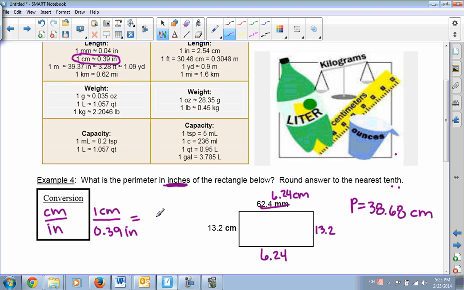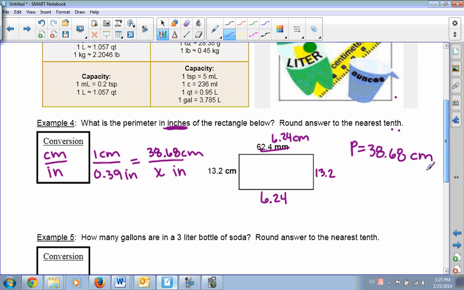And then we're going to use our perimeter, which is 38.68 centimeters, and convert that into inches. So really all you're doing here is multiplying 38.68 times 0.39, and notice it also asks you at the end to round to the nearest tenth, which is 1 decimal place.